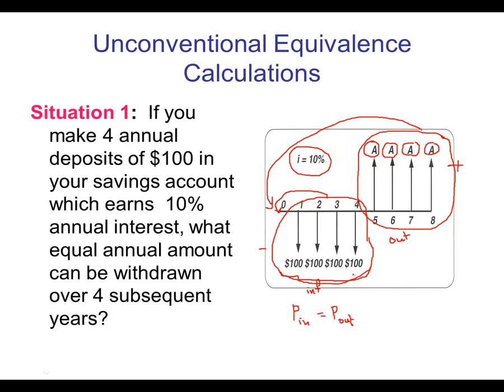Then from there I can get the annuity that will be withdrawn in year 5, 6, 7, and 8. We consider this as the first method. Could it be done differently? Yes, and I will talk about that method later on. But now let's solve it for this and see how it works.